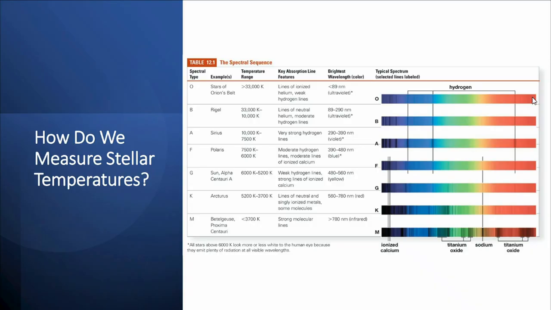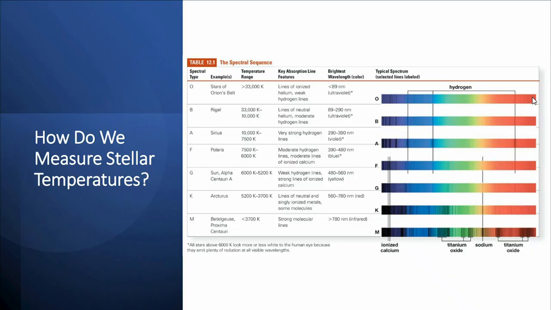And it turns out that different absorption lines, so different black lines in our spectrum, will correspond to different elements in the atmosphere of that star. So by looking at the spectrum of the star and finding these absorption features, we can determine what kind of chemical elements have to be in that star's atmosphere.